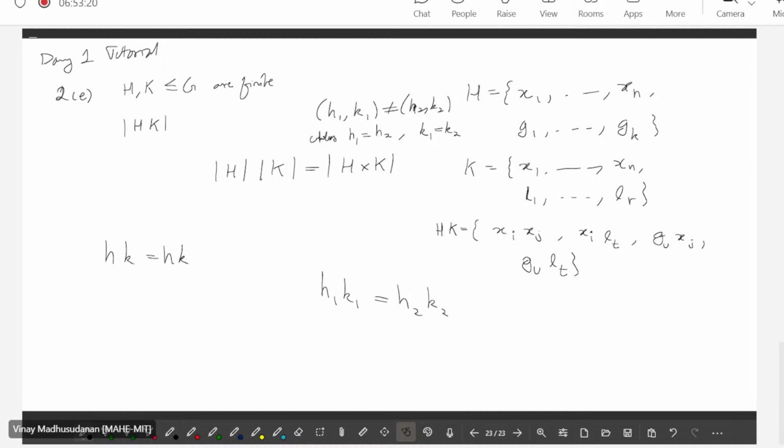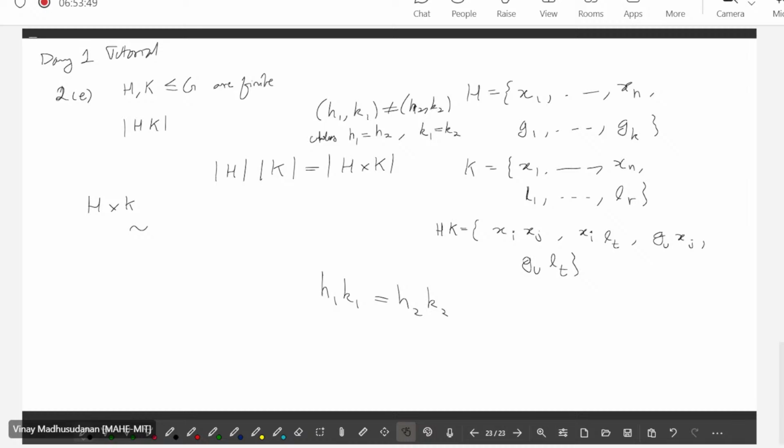Okay. Anyone? Any idea with this in Cartesian product? Okay, fine. So I'll take you halfway, then you can tell me. Consider H cross K. Define a relation on, yes, function also you can define, that's another way.